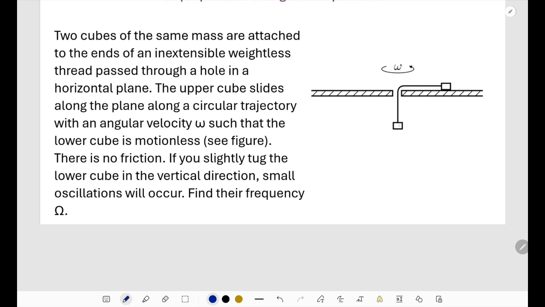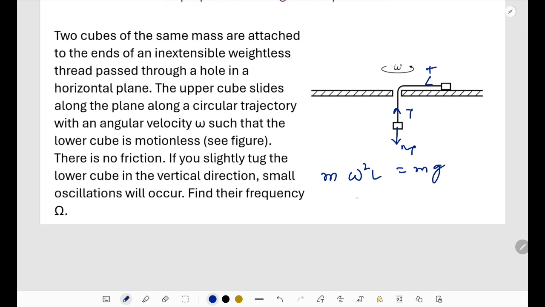Without doing anything else, you would know that if the lower cube is motionless, then the forces acting on it are mg and the tension in the string. This tension also acts on the upper cube, which is moving in a circular path. So this tension creates the centripetal acceleration omega square L. The tension will be equal to m omega square L, and this will be equal to mg.